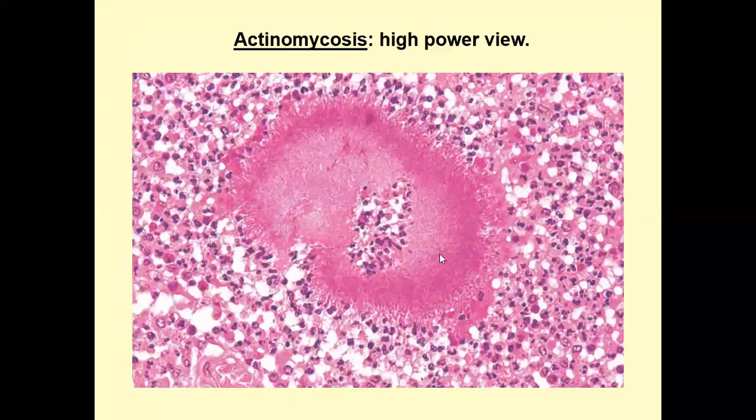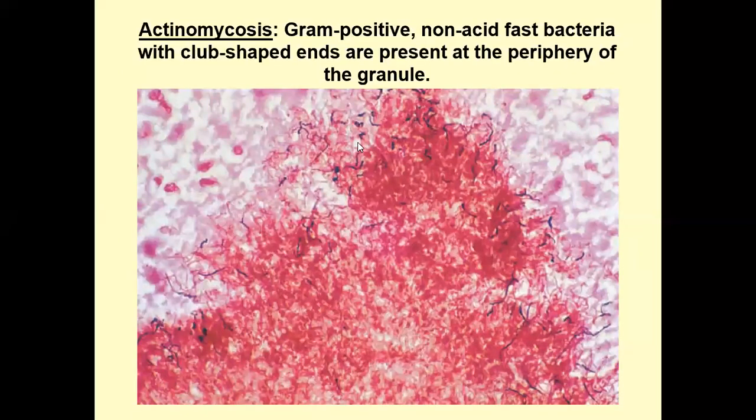High power view, filamentous colonies. It is a combination of immunoglobulins along with the bacteria which forms this Splendore-Hoeppli phenomenon. And always remember the stain to differentiate actinomycosis will be gram stain. Since these are gram-positive rods, they will be blue in color in gram stain.